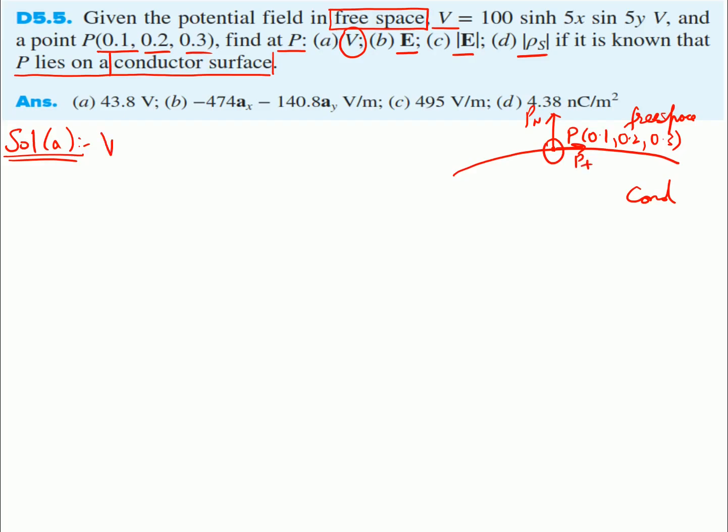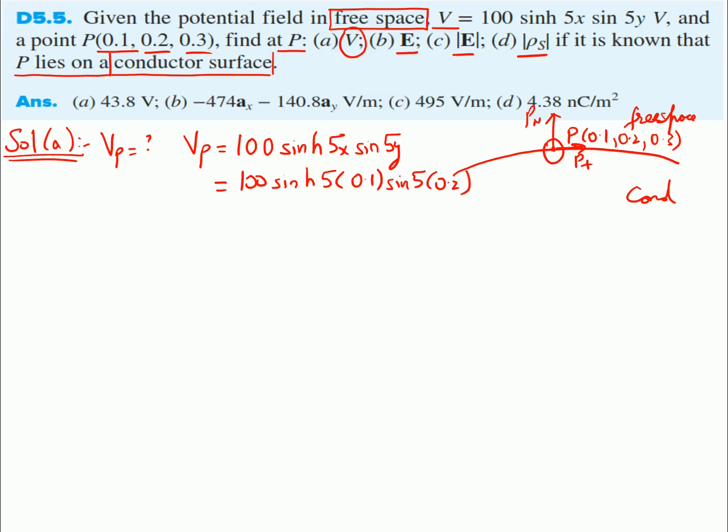So in order to find V at point P, this is the first part. It's very easy. We have the value of P, just input the value of P in that equation. So the value of V is 100 sinh(5x) times sin(5y). So Vp is equal to 100 sinh of 5 times 0.1 and sin of 5 multiplied with 0.2.